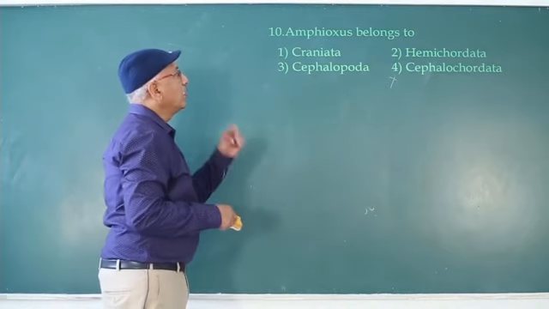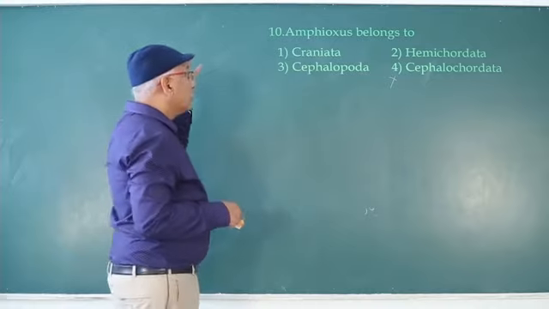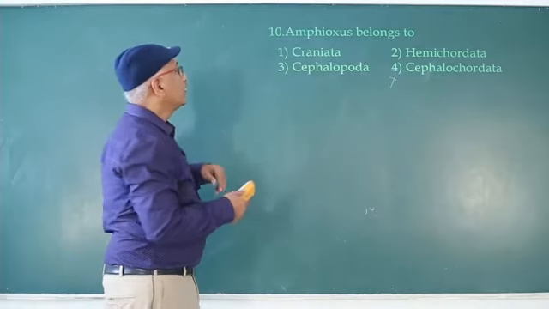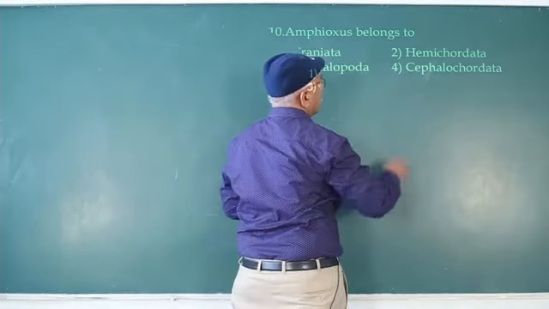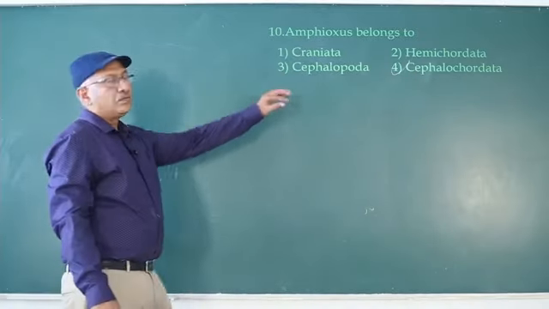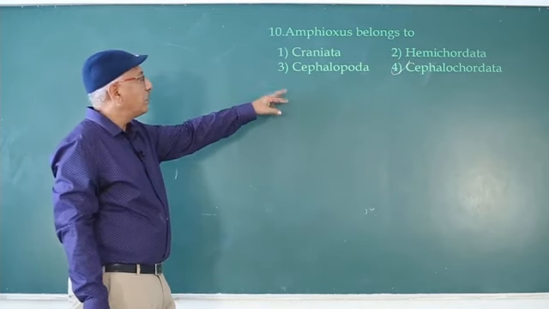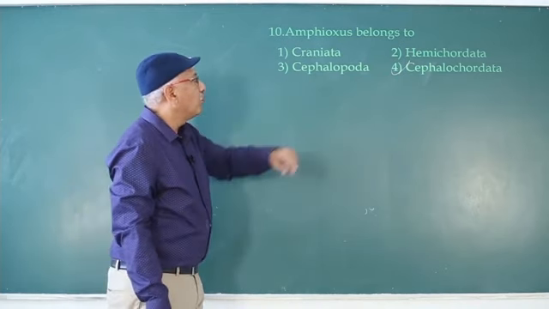Amphioxus belongs to craniata, hemichordata, cephalochordata, or cephalopoda. Amphioxus belongs to cephalochordata. Octopus belongs to cephalopoda, one of the classes of phylum Mollusca.